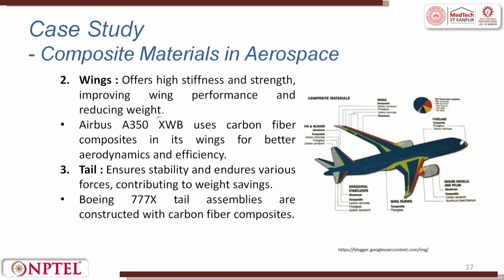So, if the wing performance is poor, for example, then the drag increases, the mileage reduces. Airbus 350 XWB uses carbon fiber composites in its wing for better aerodynamic properties. The tail ensures stability and endures various forces, and contributes to the weight saving. So, this is also made out of carbon fiber reinforced plastic.